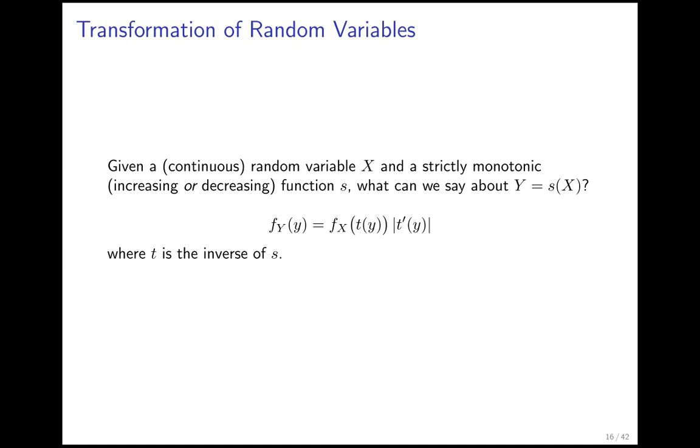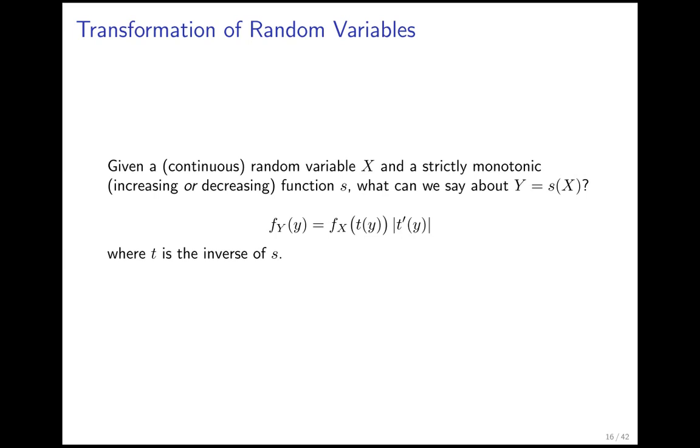For example, if you have the continuous random variable X, and this random variable corresponds to the temperature in degrees Celsius, and you actually want the distribution in degrees Fahrenheit for whatever reason, then you can take the distribution of X and turn it into the distribution of Y, where Y is the random variable that corresponds to degrees Fahrenheit.